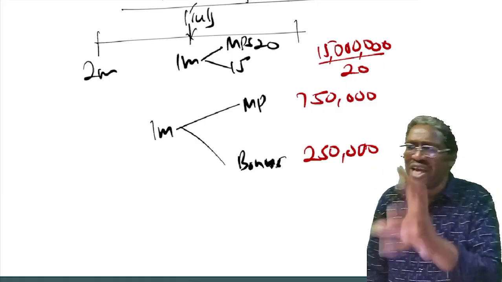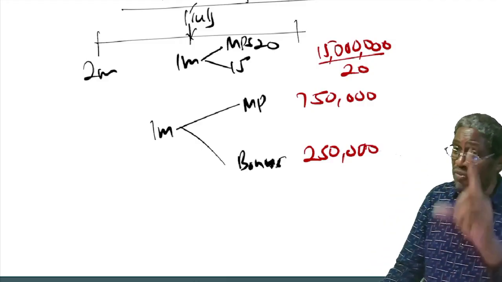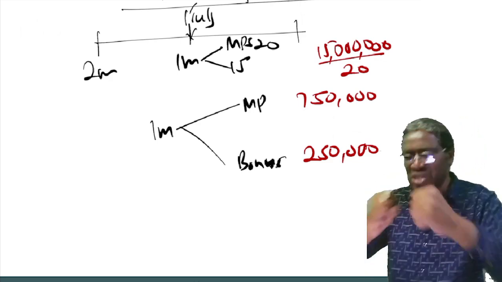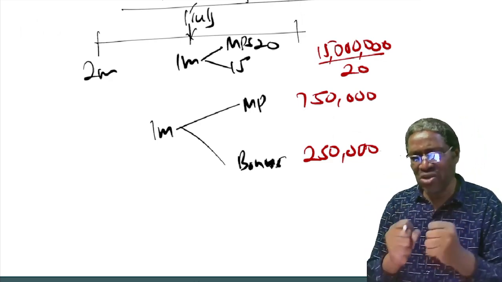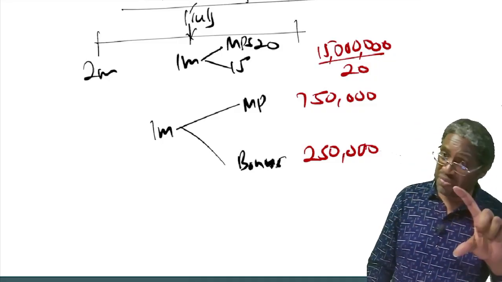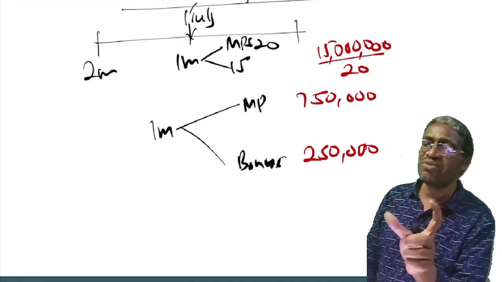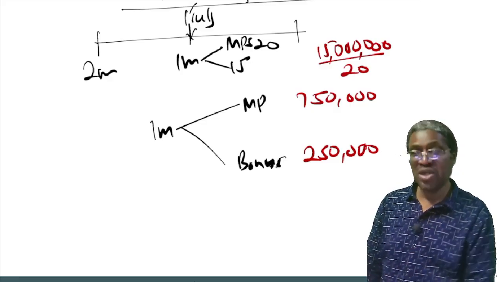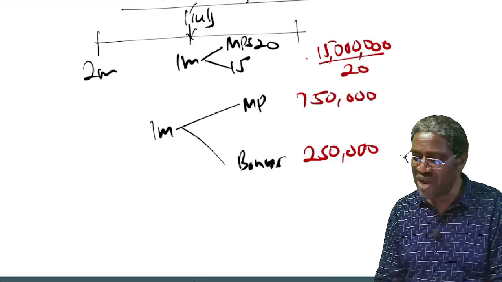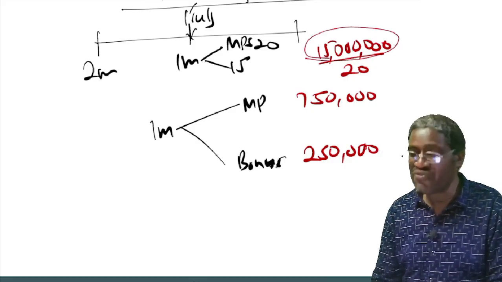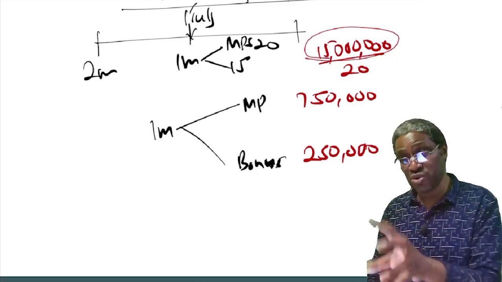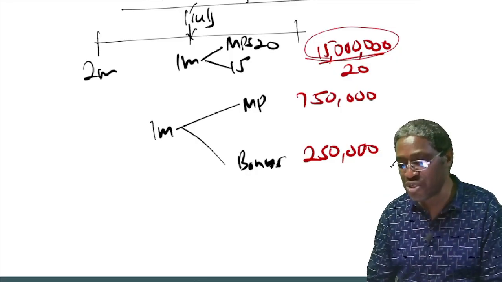So when shares are issued as a result of a stock option, the first thing you must do is to separate the 1 million shares. How many of them are deemed to be issued at full market price, and how many of them are deemed to be issued as bonus? To get the number of shares deemed to be issued at full market price, you divide the amount received from the stock option by the market price per share.